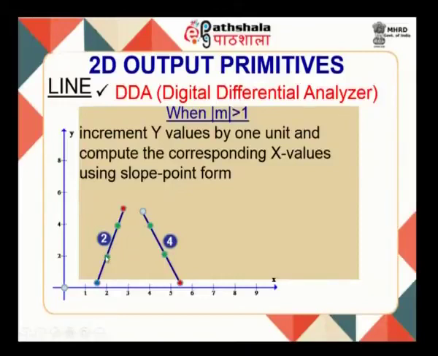Line type 2 has a slope greater than 1 and positive. For line type 4, the modulus of the slope is greater than 1, but m is negative. For line types 2 and 4, we will be sampling the line along the y axis at unit intervals, and computing the corresponding x values.